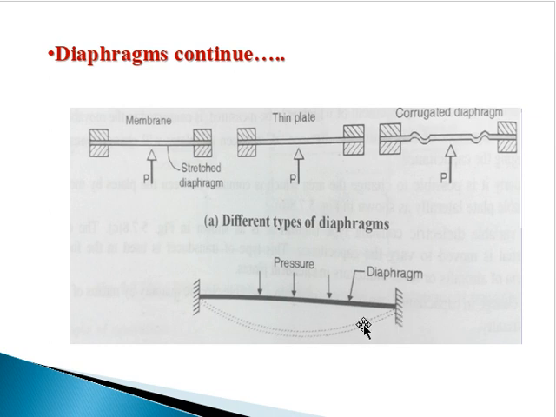Due to this, we get this much displacement, or its length is increased, so its resistance will vary. This is the basics: if you increase the length of a conductor, its resistance will change. This is a basic property. I think you may already know this.